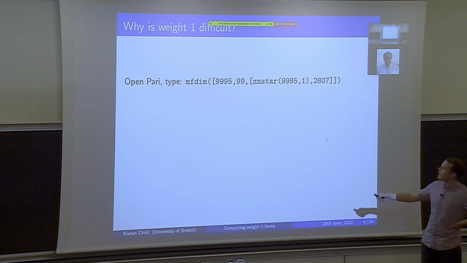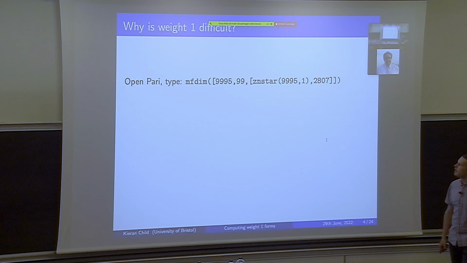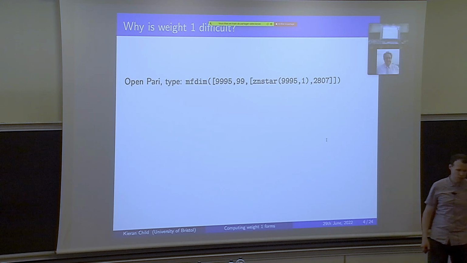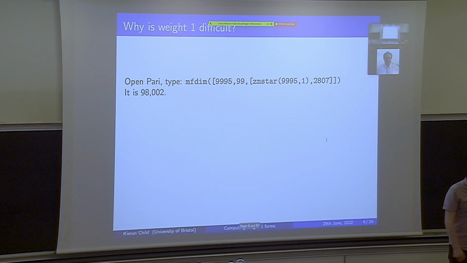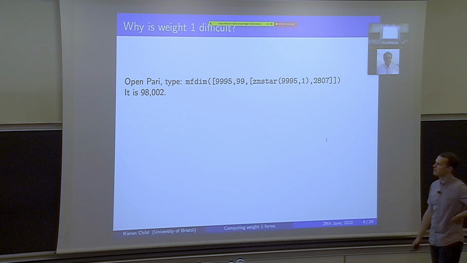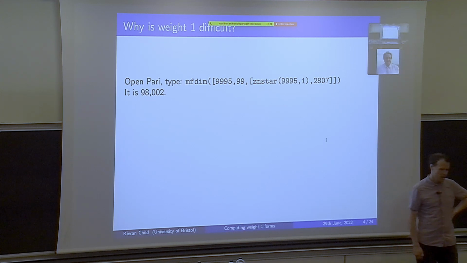This is level 9995, weight 99, and this is the character, and I've given it here in terms of the Conway label. I'm going to be mentioning a lot of characters, and it will probably just be the Conway label. And it tells you very quickly that the dimension of this is 98,002.